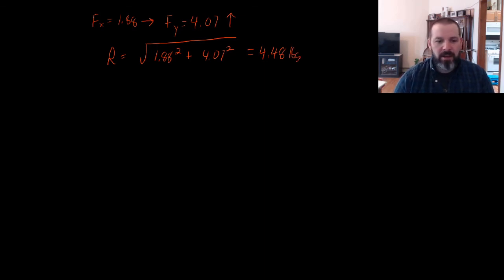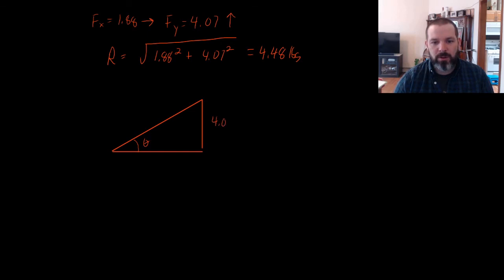Then I can use trigonometry and set up the triangular relationship. I have theta here. I know this is 4.07. I know this is 1.88. And I know this is 4.48. So I can use any of my trig identities to solve for my theta.